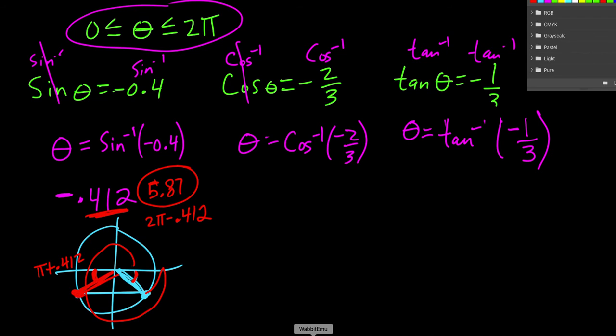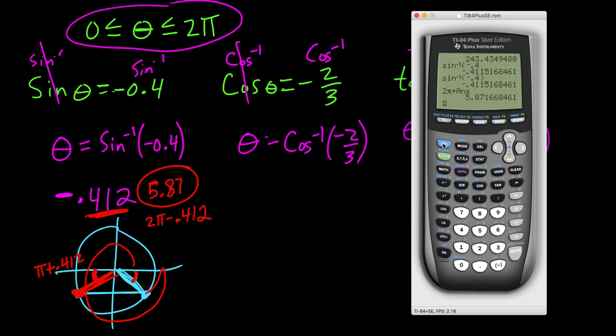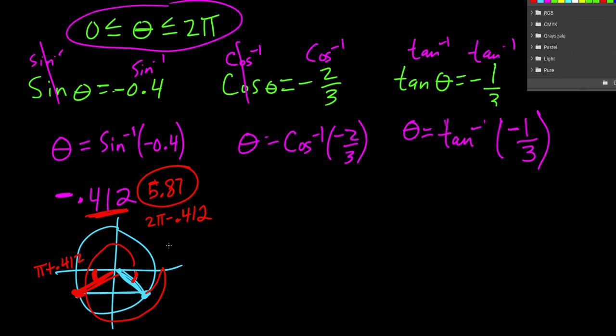So we're going to say pi plus 0.412, and that's going to give us 3.56. Maybe. Okay, and those are the two radian measures of those angles.